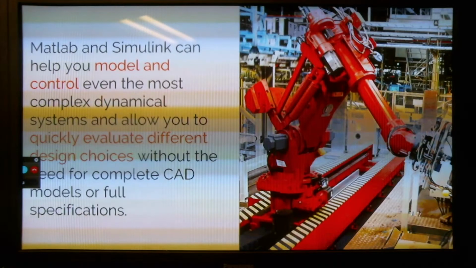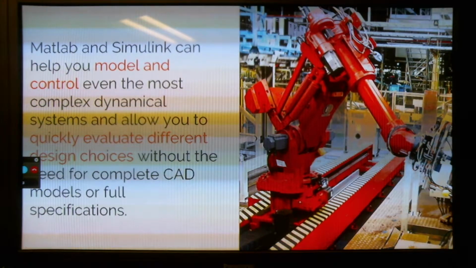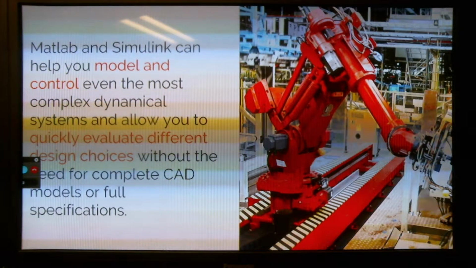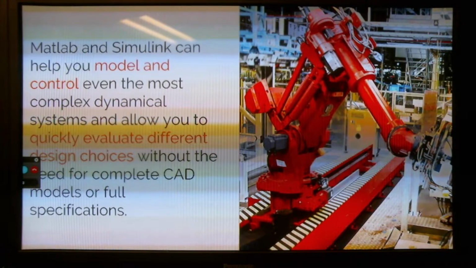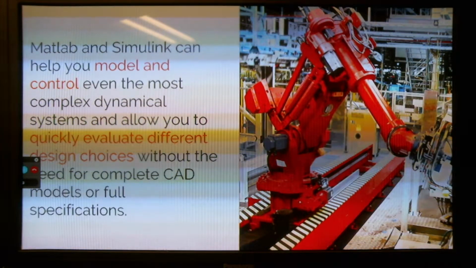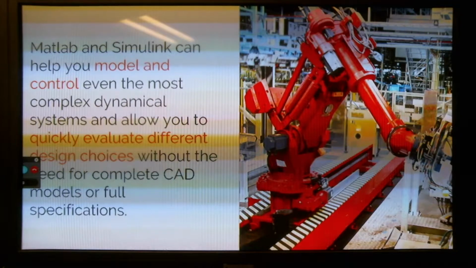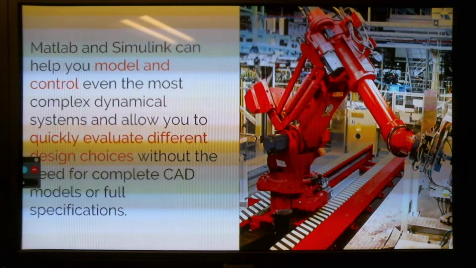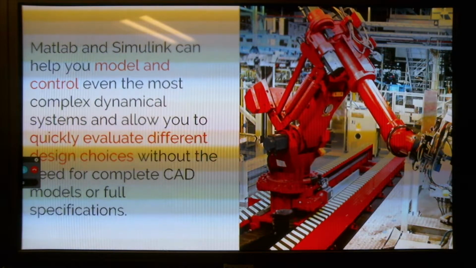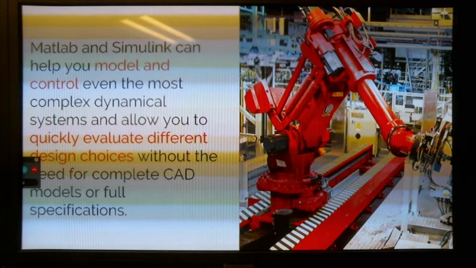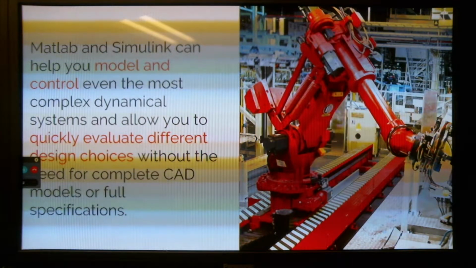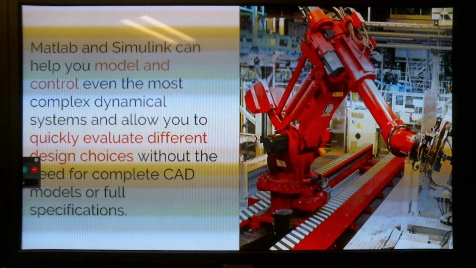And this allows you to model and control complex dynamical systems and quickly evaluate different design choices without fully detailed models or a clear idea of everything that you want in the system. It allows you to vary parameters, etc., without the need for long lead times in your model generation.